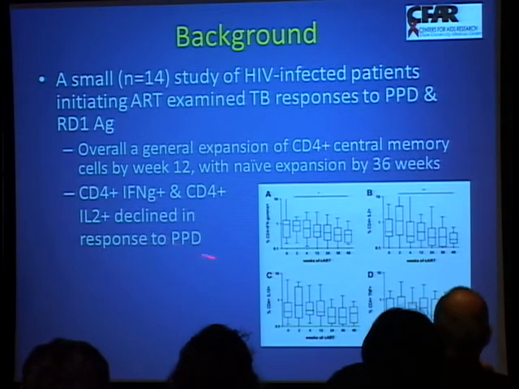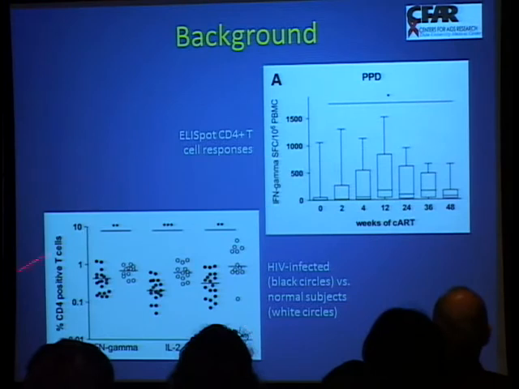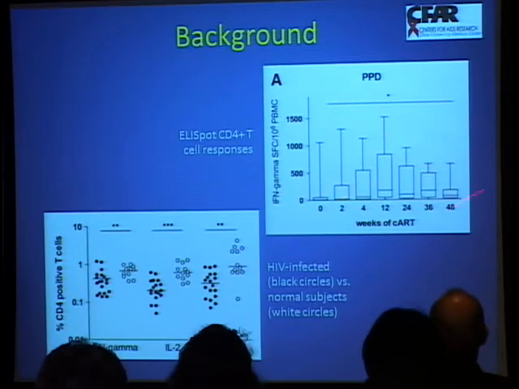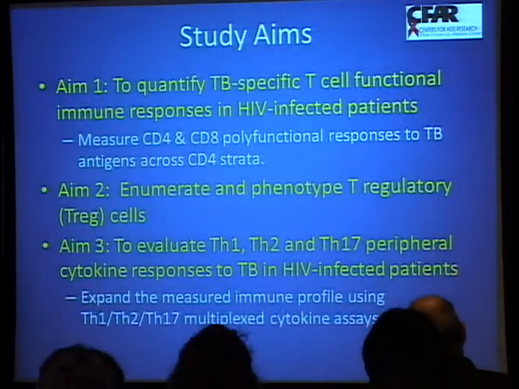But overall, there's a general expansion of central memory cells early, with naive expansion later, which is some of what we've known. But what's interesting is that when they compare these patients who've undergone over a year's worth of antiretroviral reconstitution, they never returned to normal subjects who were obtained from the same community. And if you look at the PPD responses, and this is by ELISpot, confirmed by their flow cytometry as well, you see that it peaks at week 12 and then declines, and this is thought to be due to the later expansion of naive cells.